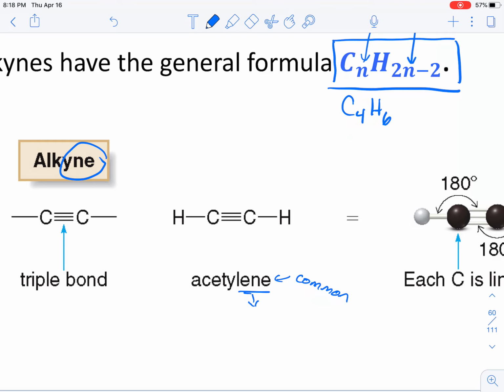The IUPAC nomenclature was created way after 1864, so sometimes the common name just stuck. And so the IUPAC name of this 2-carbon compound is ethyne.